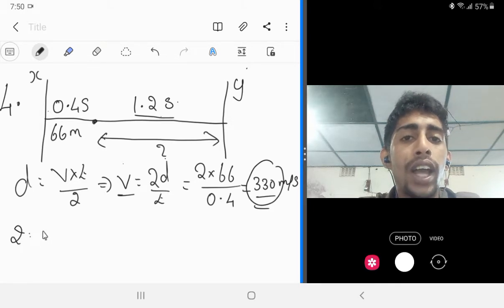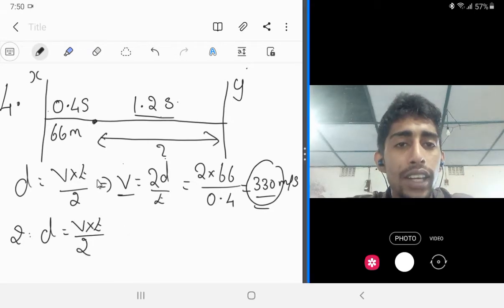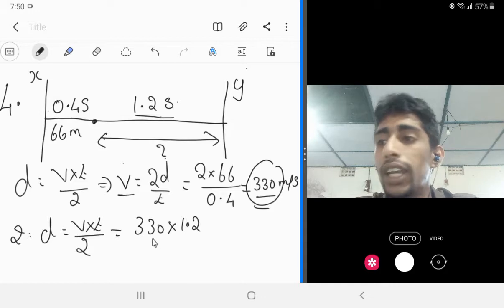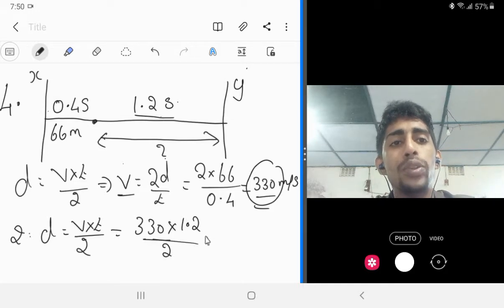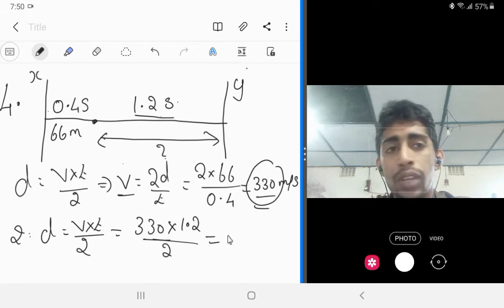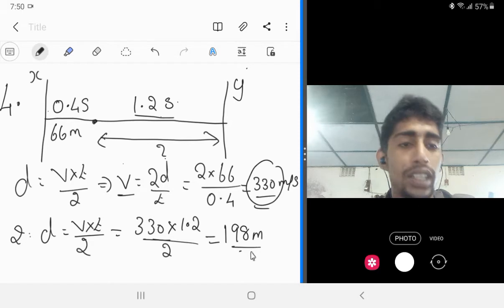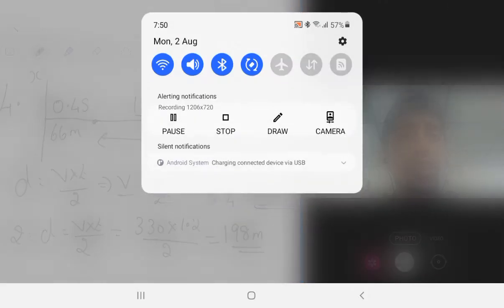So use the equation d is equal to v into t by 2. Then v is 330 into 1.2 divided by 2. Then we will get 198 meter. I hope you understood this problem.